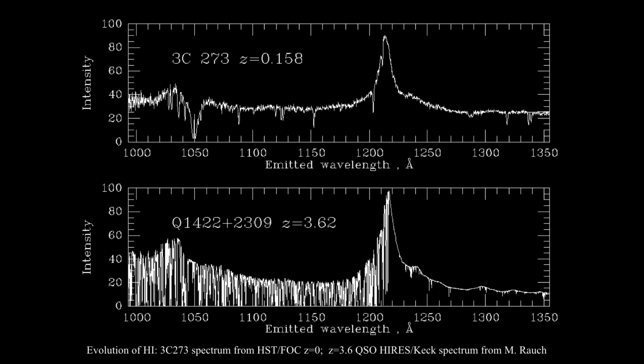And this is a result of intervening gas clouds between the quasar and us at different redshifts. So it absorbs the ultraviolet light at that specific wavelength of Lyman-alpha, which is the transition in hydrogen between the ground state and the first excited state. That's where that comes from.